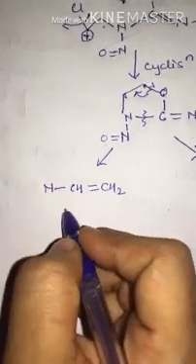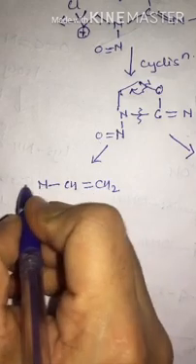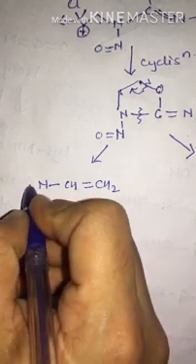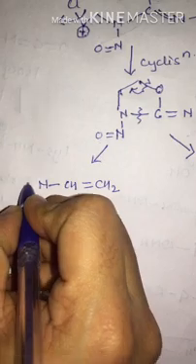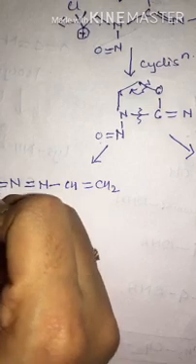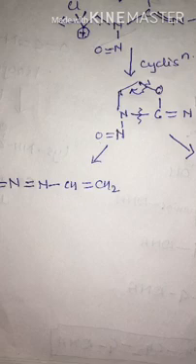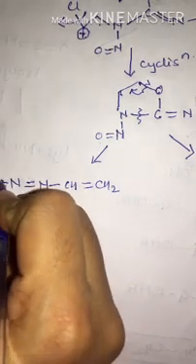Every time you should balance the valencies, then N, which is bonded to the double bond nitrogen, and double bond O. I'm sorry, here it will be OH. So there will be OH.